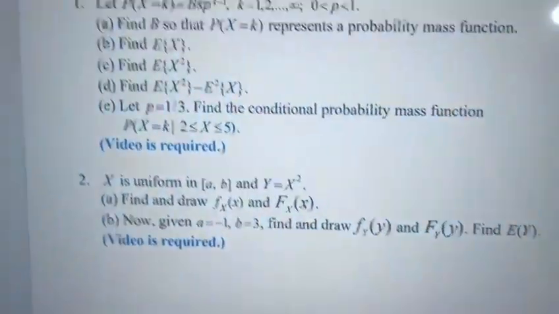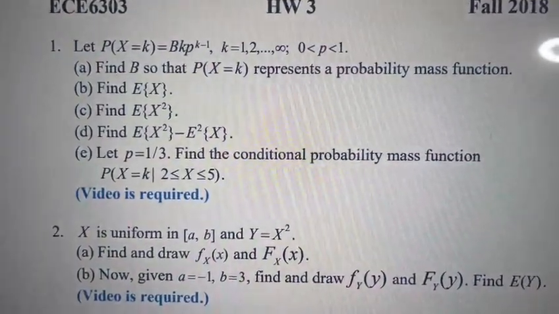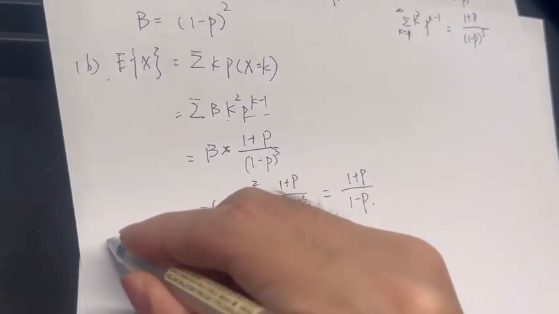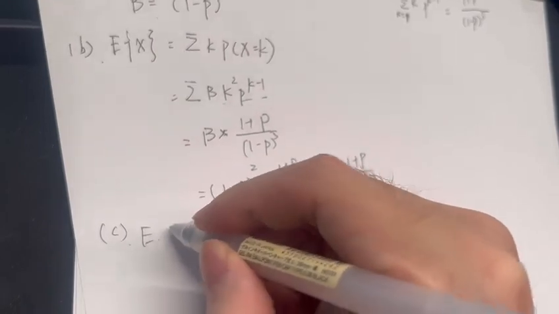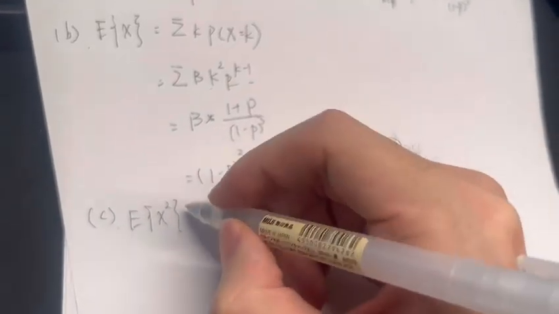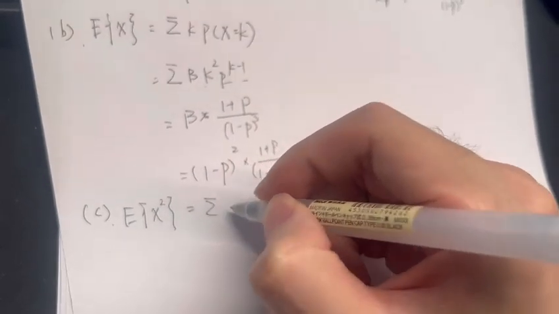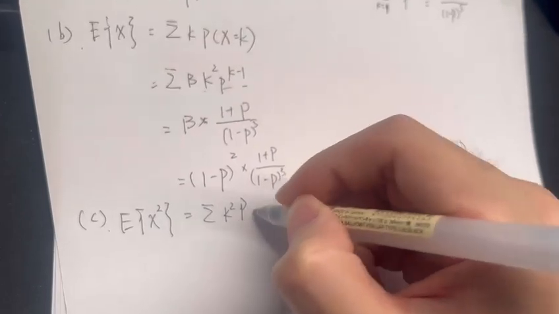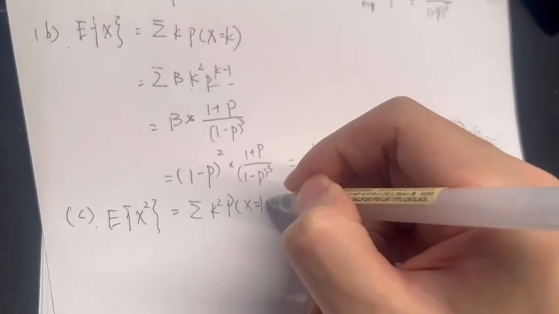So for part C, it asks us to find the expected value for x squared. So we're also going to use the formula. The expected value of x squared is equal to the summation of k squared times the probability of x equals to k.